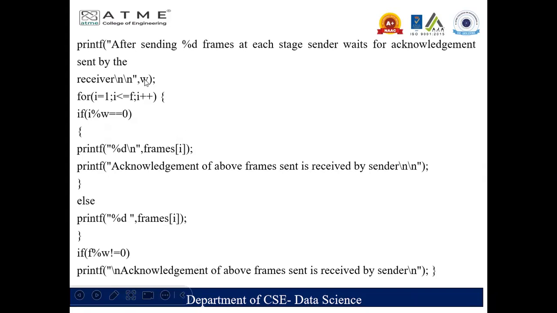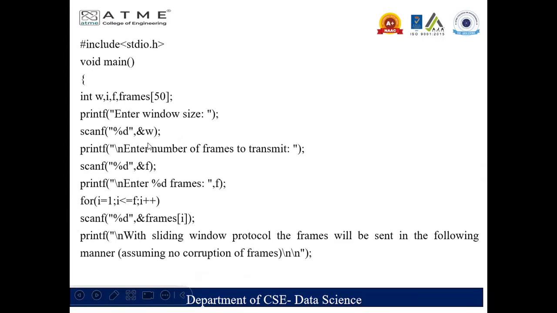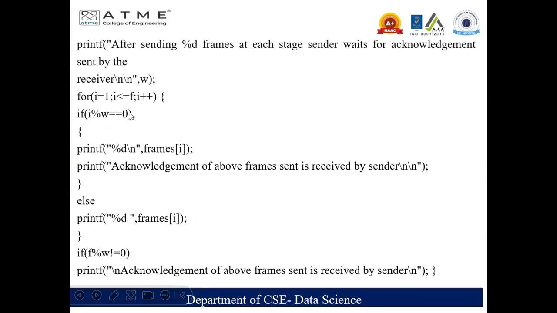The W value that we have taken will be printed. The for loop will run from 1 to F, that is, the number of frames we have entered, so that many times the for loop will run.